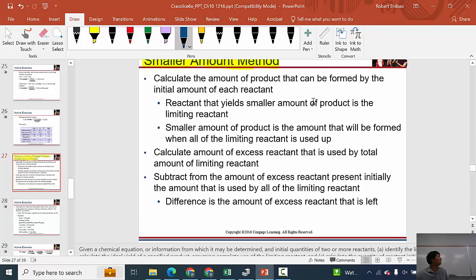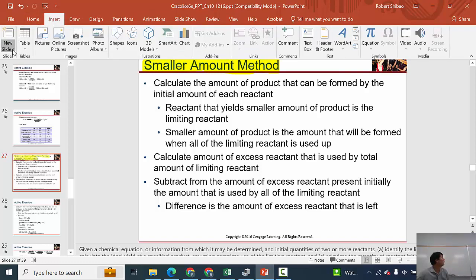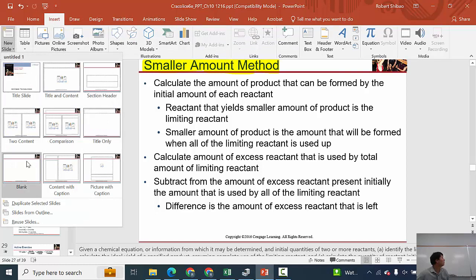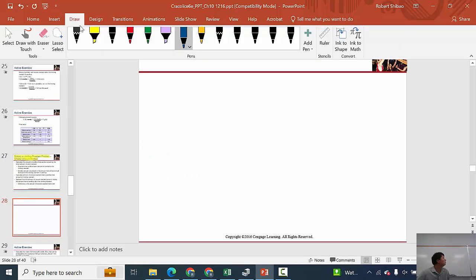So we're going to take a look at this. There are 2 types of calculations. One type of calculation is we want to determine this. So for a limiting reactant problem, these are the steps I usually do.